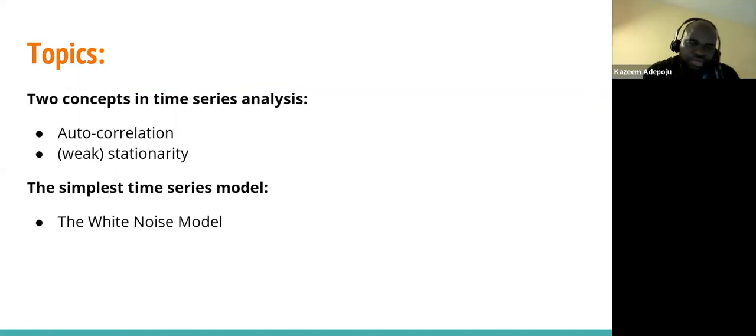There are two concepts that we're going to be focusing on in time series analysis. Number one is what we call autocorrelation. Some of you remember when we were working on linear regression, I told you there are assumptions: the linearity assumption, the normality assumption, the assumption of constant variance.